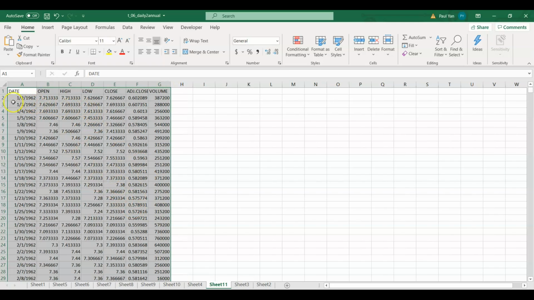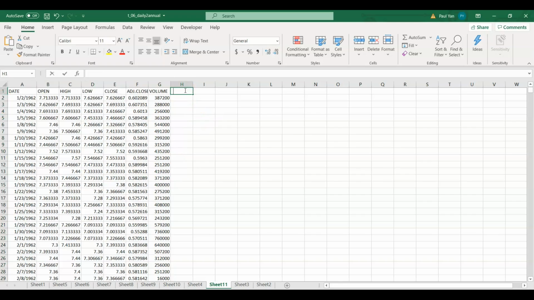So let's calculate the return first. This is the daily return. The daily return equals today's closing divided by yesterday's closing, then minus 1. Then we can copy and paste.